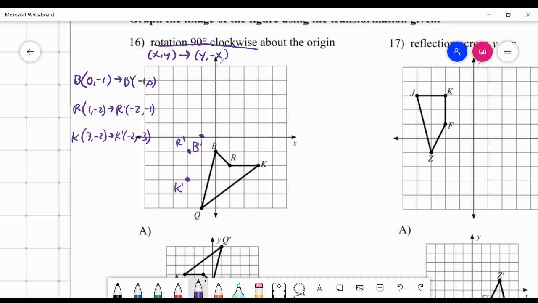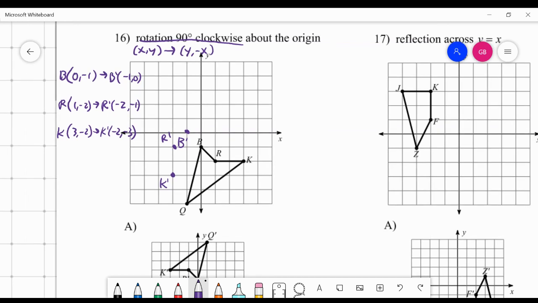Okay, and if Q is (-1, -4), then Q prime is (-4, 1), which is here. It's just going to look like this.